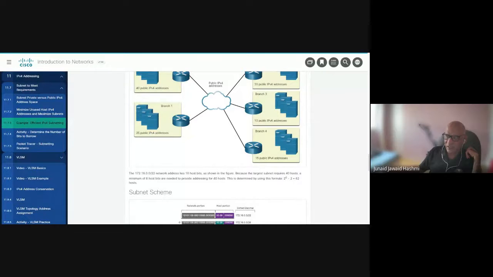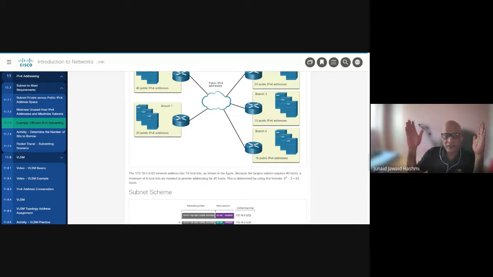Exactly. So it's the same. If we took 8 out of 16 for the network, we have 256 networks. We have 8 bits left. The same thing, 2 to the power of 8, 256. But the first address and the last address cannot be used, because the first address is the network ID and the last address is the broadcast address.